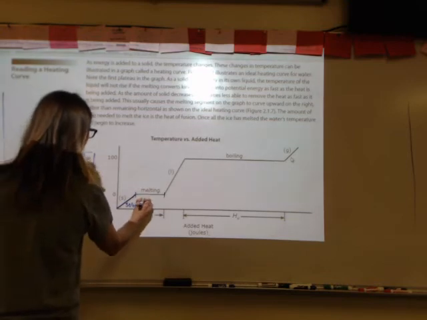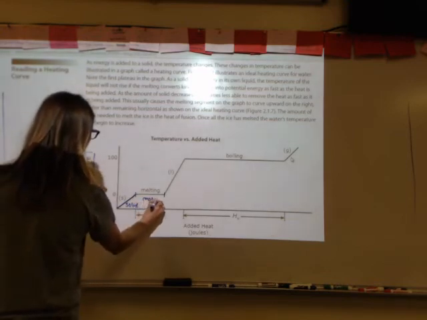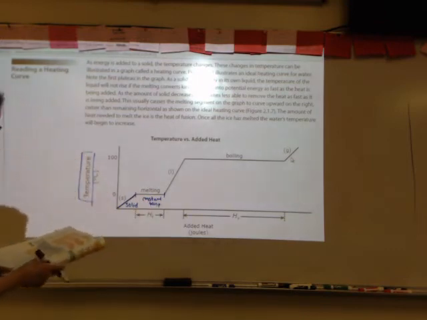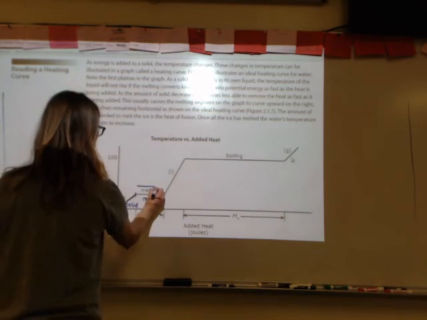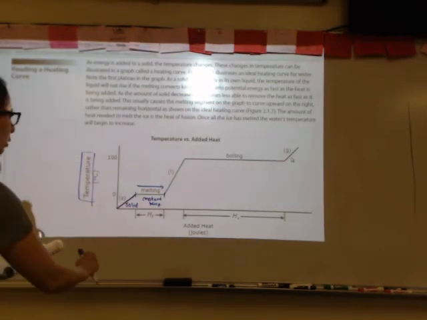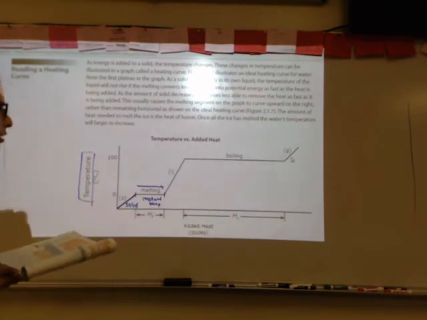So here you're going to have a constant temperature during that phase change. Okay? So as I go in this direction, that's when we're melting. So the moment that the first particle begins to pull away from the solid until all of it is melted, your temperature is going to remain constant.